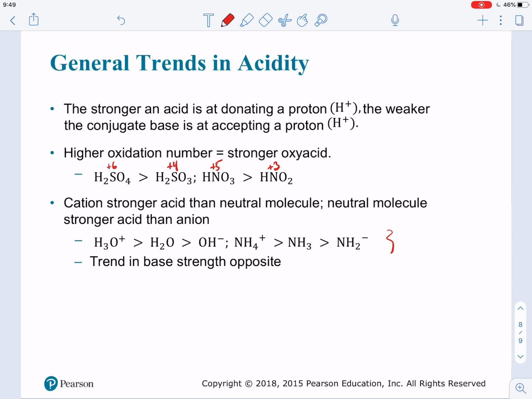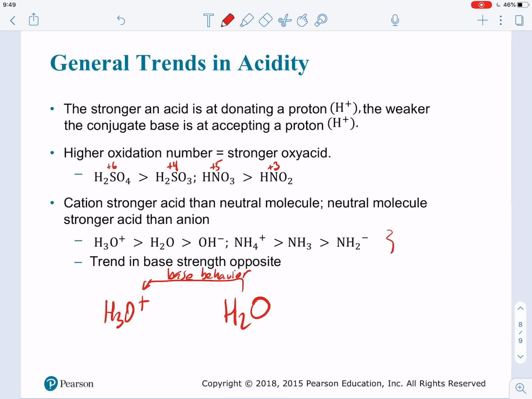We are comparing, in particular, water. We have already said that water can behave as an acid or as a base. If it behaves as a base, it will accept a proton and become H3O plus.